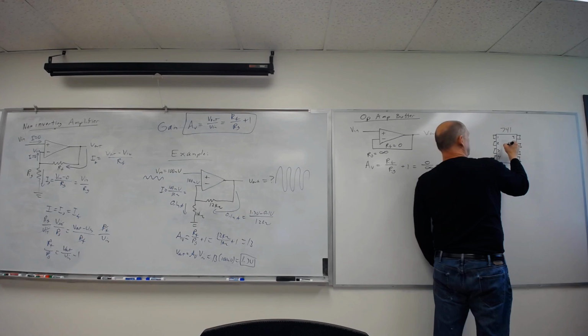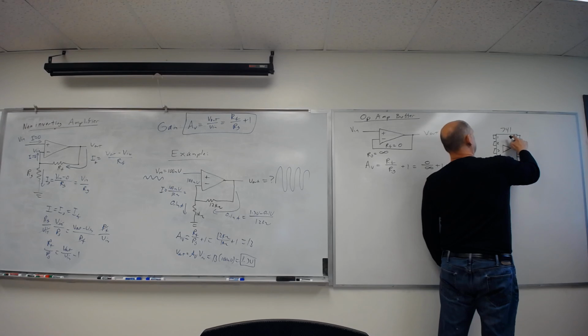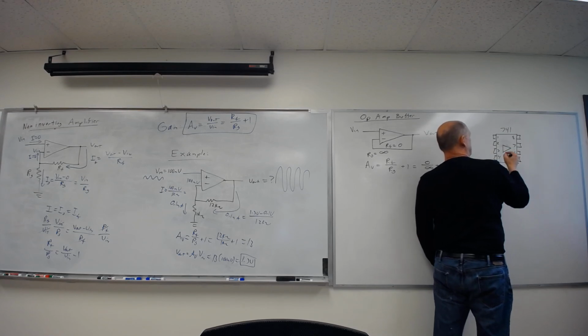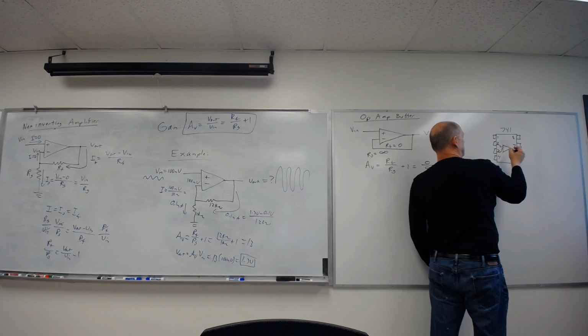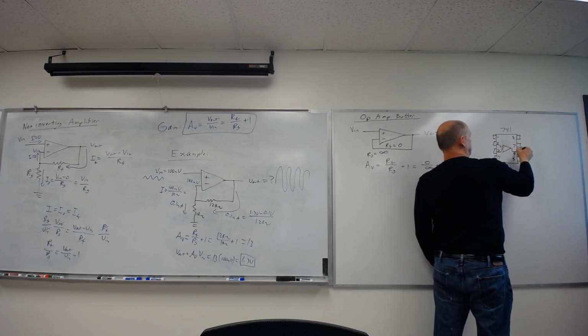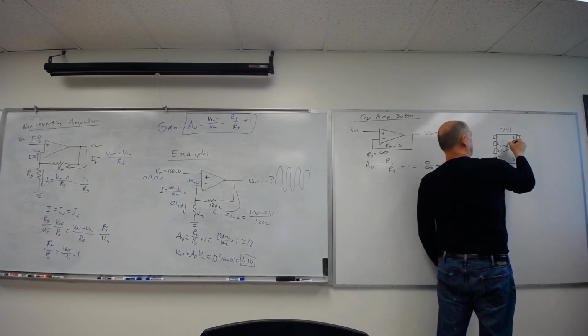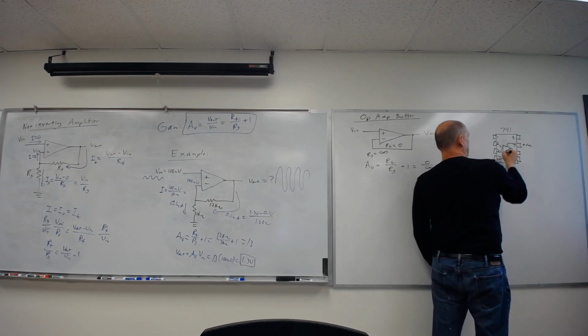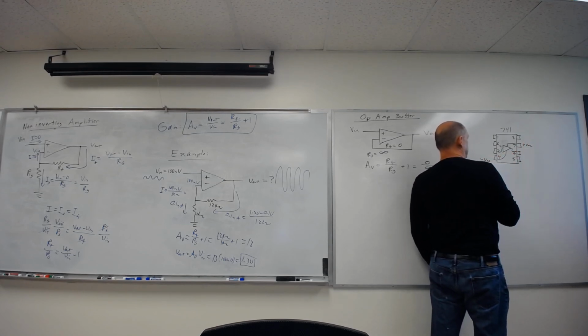The way these work is they have an input. Oops, I wrote these in the wrong order. By the way, this is on your sheet. So your 2 inputs come into here, and your output goes to 6. 7 is your positive voltage, 4 is your negative voltage.